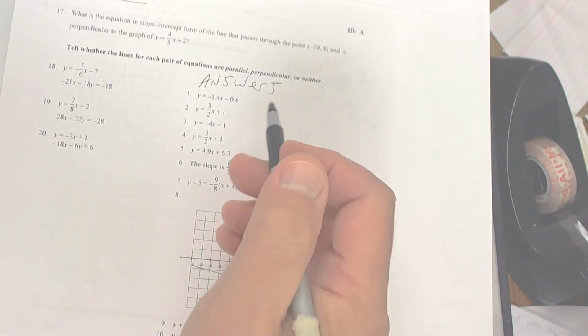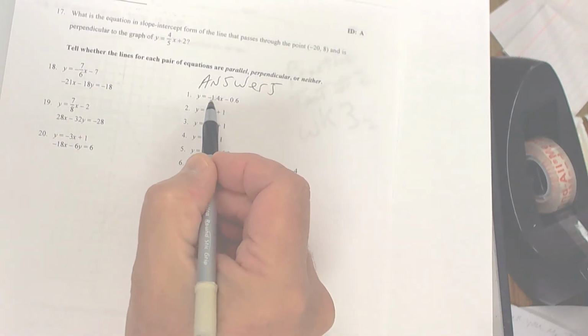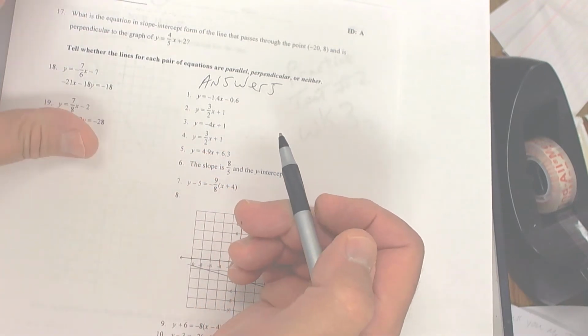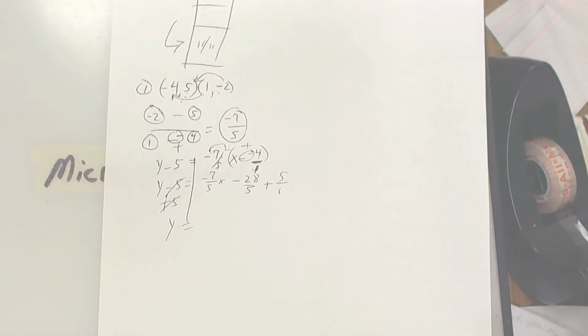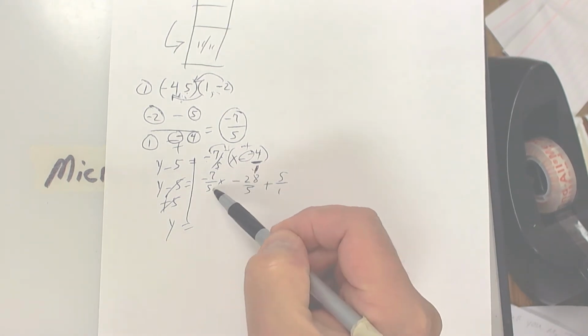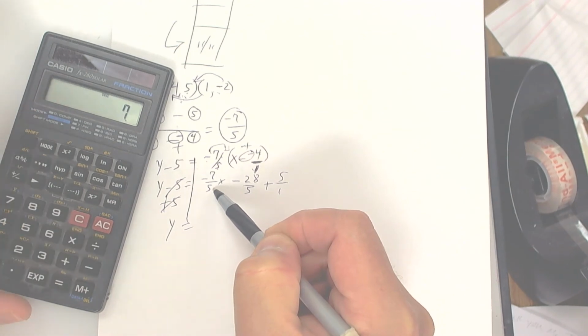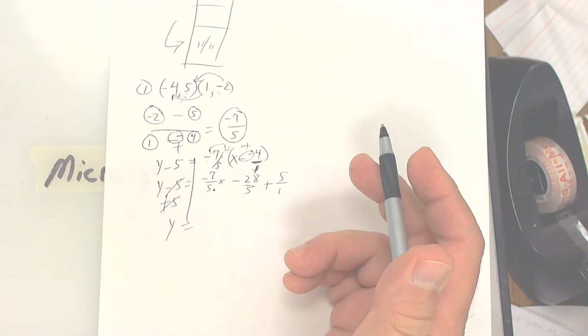If you look at the answer in the back, the slope is -1.4. Okay, and that 1.4 is important because that's going to tell us if this is right. So what you do is you take 7, divide it by 5, and press equals, and it is 1.4. So we know we're on the right track.